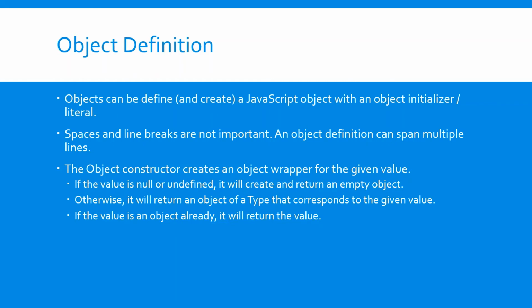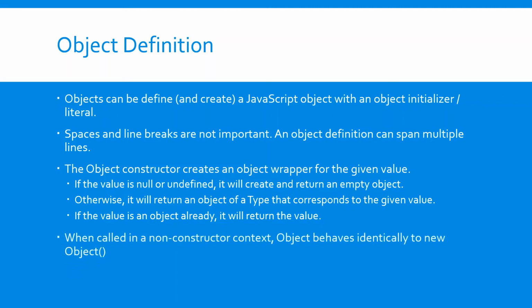If the value is already an object, it will return the value. When called in a non-constructor context, Object behaves identically to new Object.